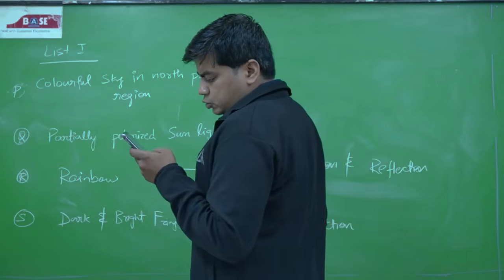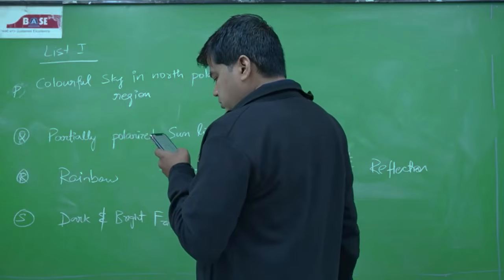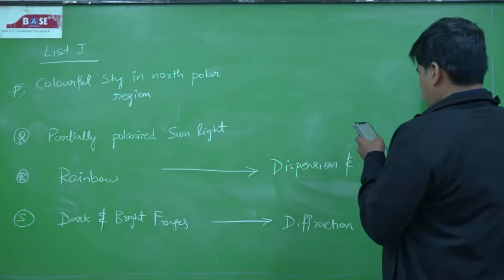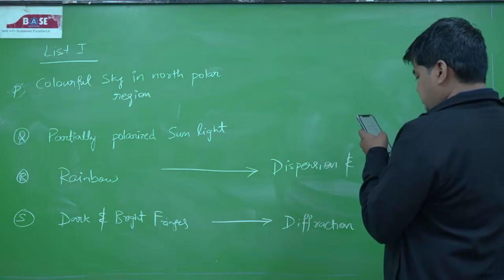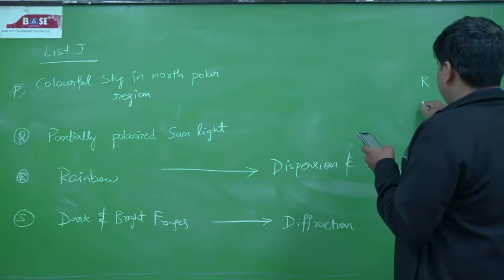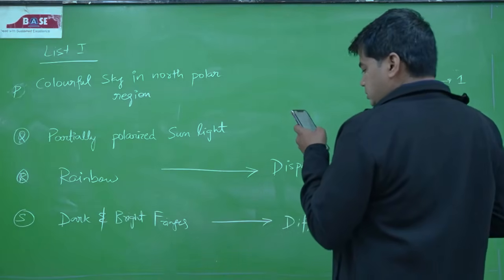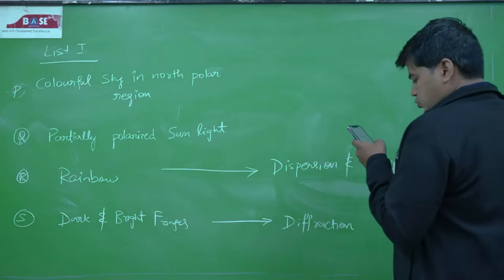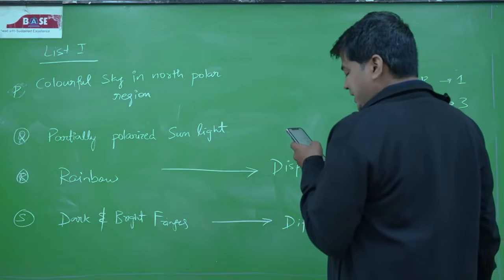Okay, so now if you look at the options, R becomes 1 and S becomes 3. So R is 1, S is 3. So it is present in only options A and B.